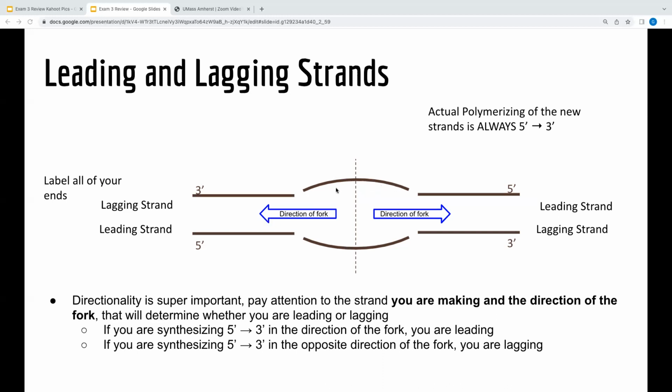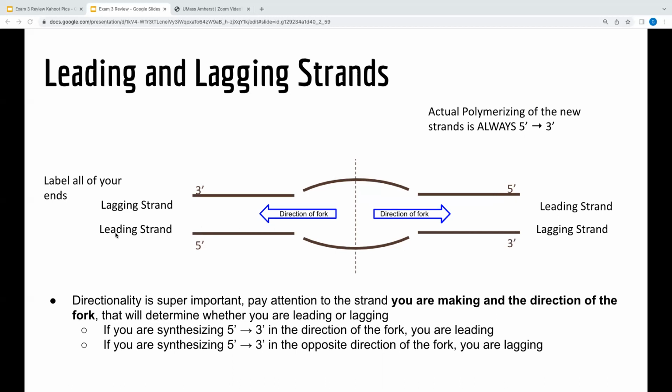And since the top one is lagging up here on the left, and the leading over here, 5 prime or this side over here, is the leading strand, the bottom strand is going to be the opposite for each one, due to the bottom strand being anti-parallel to the top one.